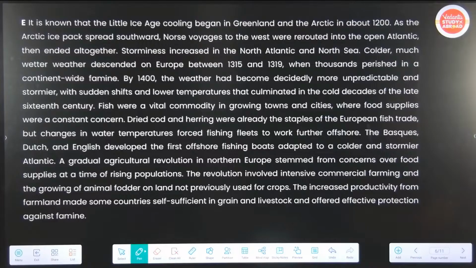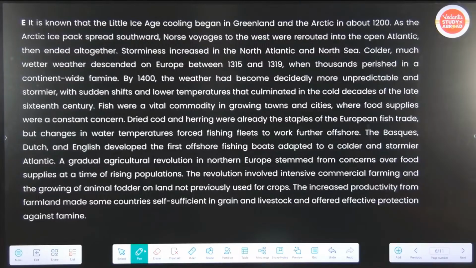Fish were a vital commodity in growing towns and cities where food supplies were a constant concern. Dried cod and herring were already the staples of the European fish trade, but changes in water temperatures forced fishing fleets to work further offshore. The Basque, Dutch, and English developed the first offshore fishing boats adapted to a cooler and stormy Atlantic.